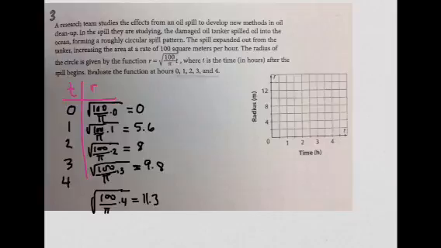0, 0, 1, 5.6, so it's closer to 6, right? So 4, 6 about here, and then 2, 8, and then 3, 9.8, it's almost 10.